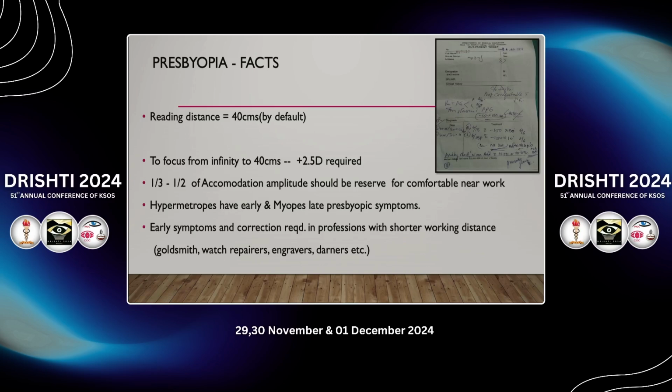And 1/3 to half of this accommodation has to be kept as a reserve for comfortable near work of the patient. And because part of the accommodation is used for distance itself, hypermetropes will have early presbyopic symptoms and myopes will have late presbyopic symptoms. And early symptoms and correction may be required in patients in professions with shorter working distance like goldsmiths, watch repairers, etc.